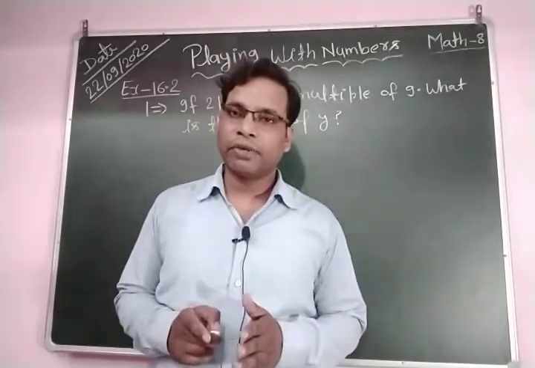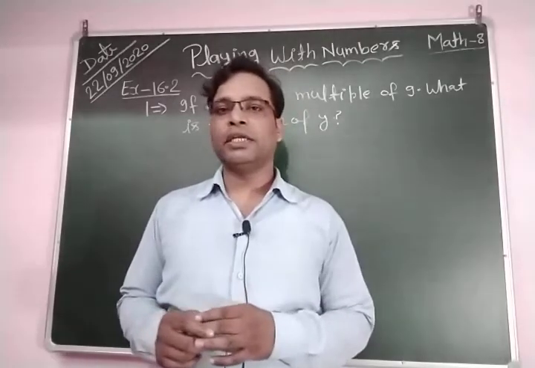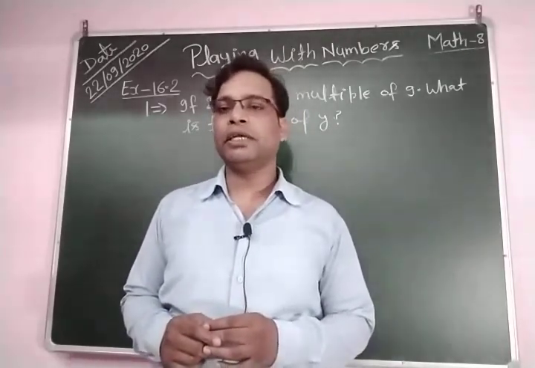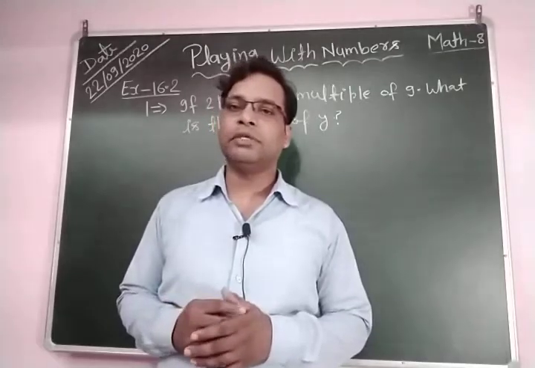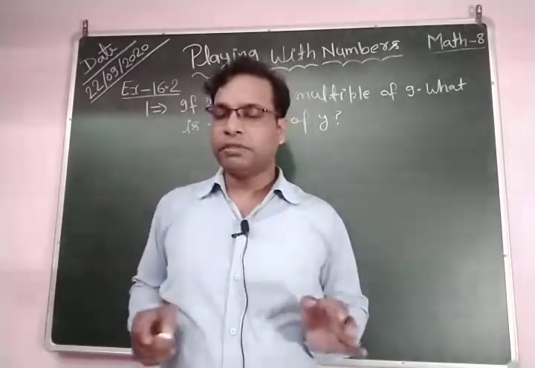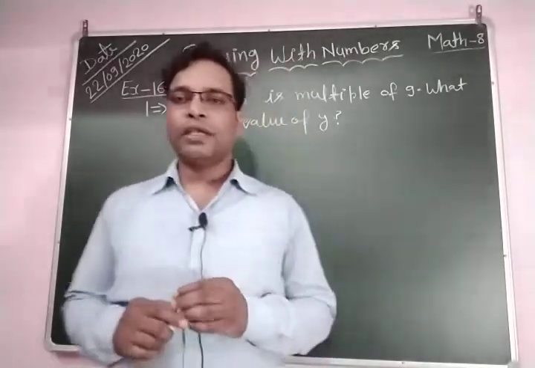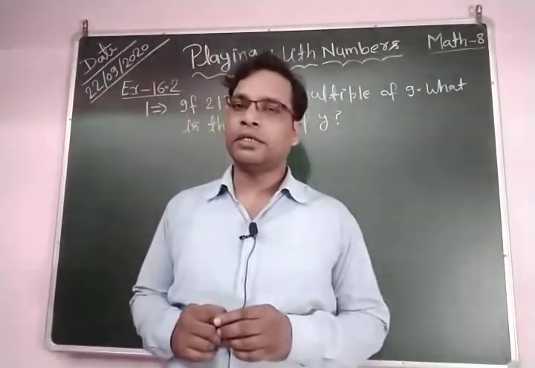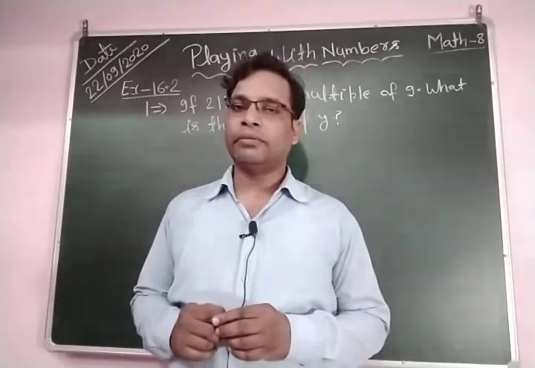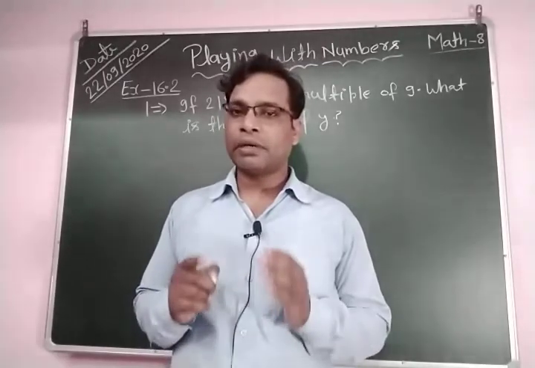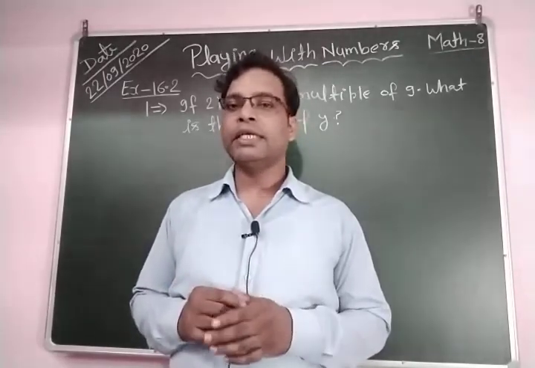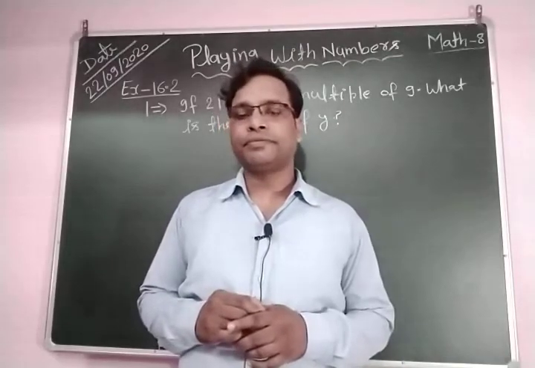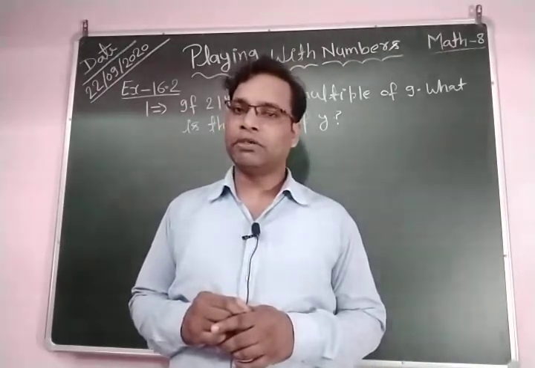So this depends on its divisibility test of 9. If any number is given, first we find the sum of the digits of the number. If the sum of the digits of the number is divisible by 9, then the number is divisible by 9.